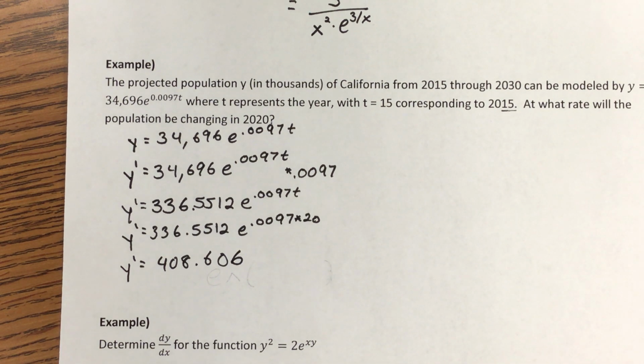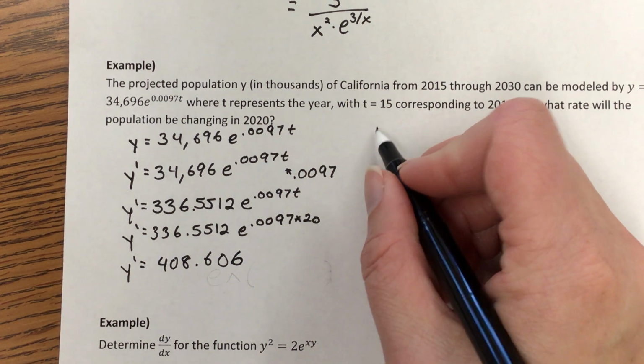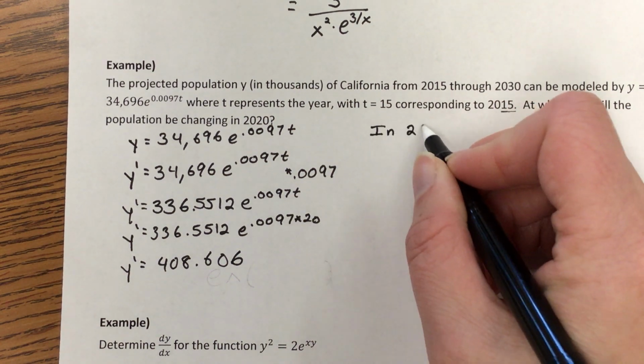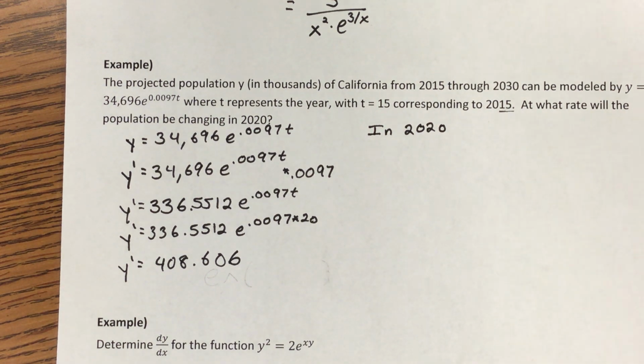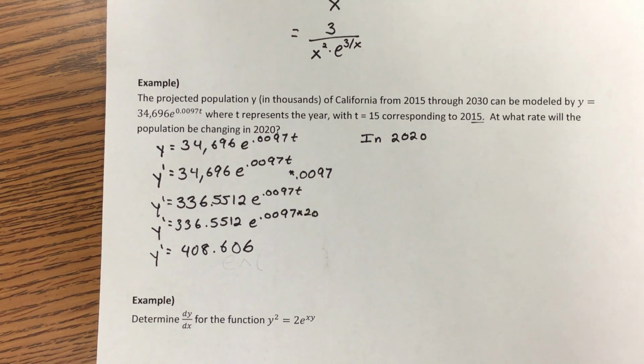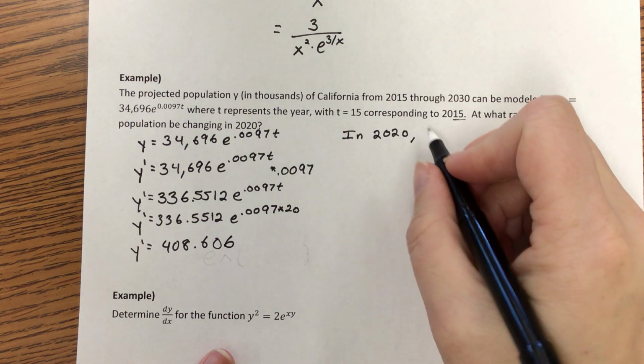Let's write a sentence. Since t is time, we definitely want to start our sentence with something involving the year, the time. You could say at t equals 20, or you could say in 2020, or in the year 2020, or something like that. At what rate will the population be changing? So the population is the thing that was changing.